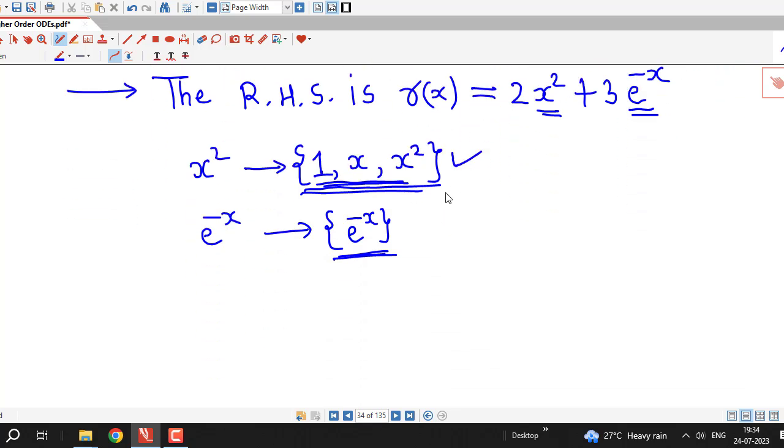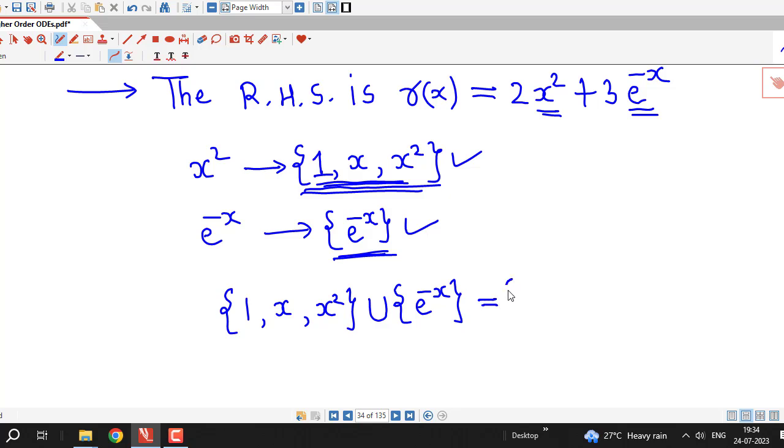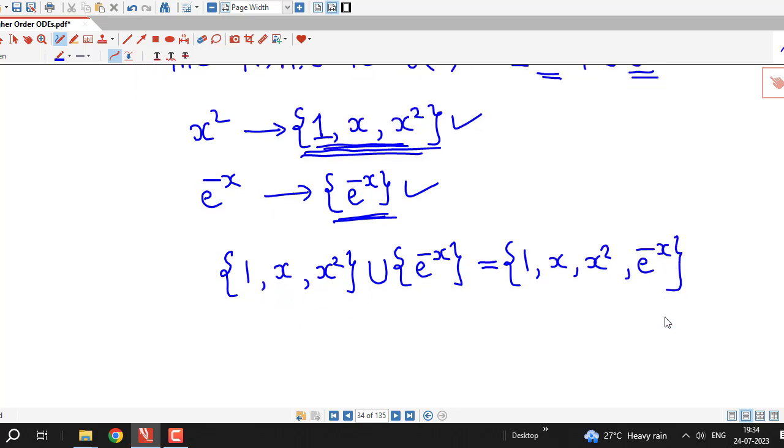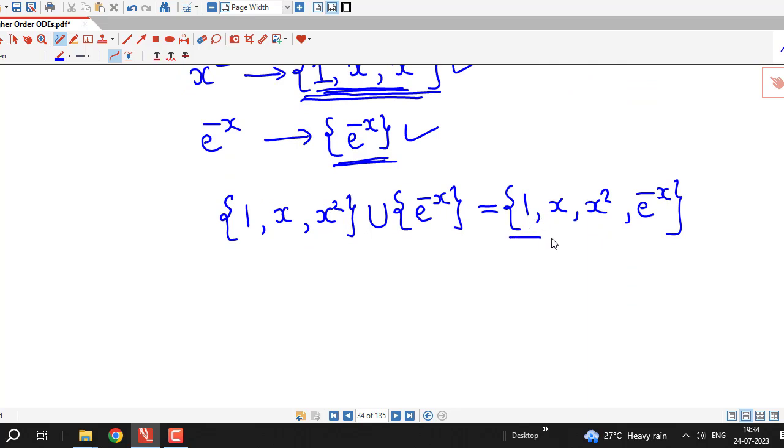Therefore, we will consider the union of these two families, and then we will take the linear combination of members of that union. Union means we have to write down all the elements which are present in both the sets. We have 1, x, x², e^(-x), and our choice for the particular integral is a linear combination of these four functions.